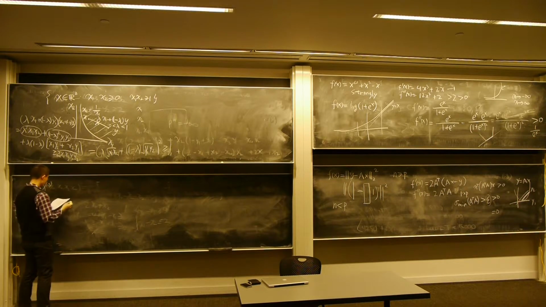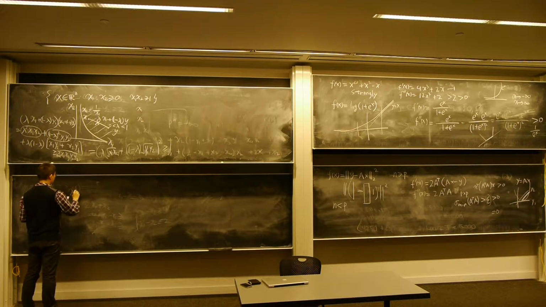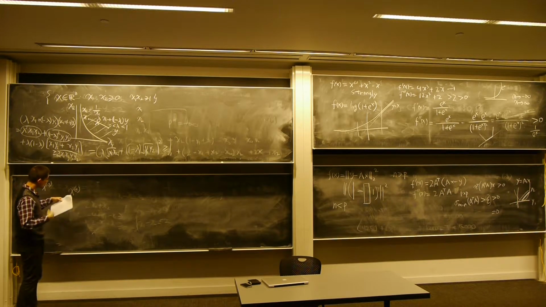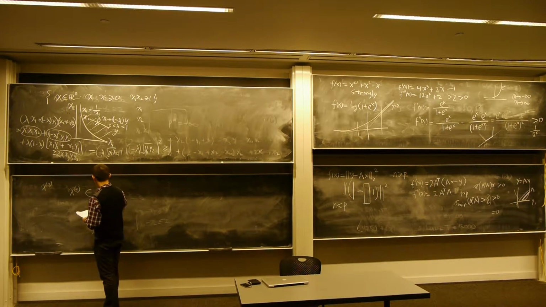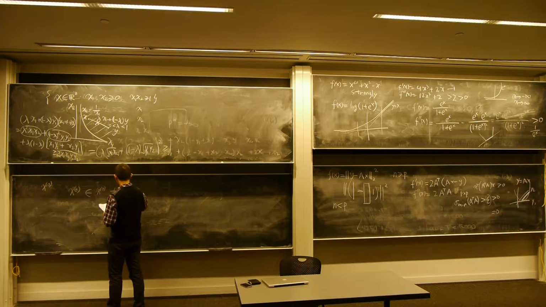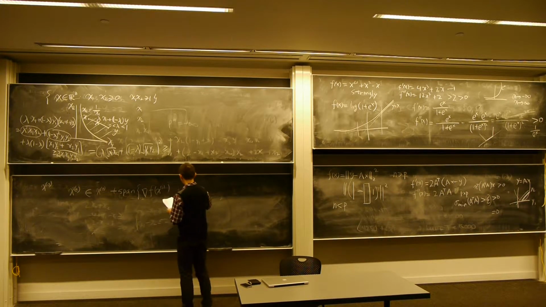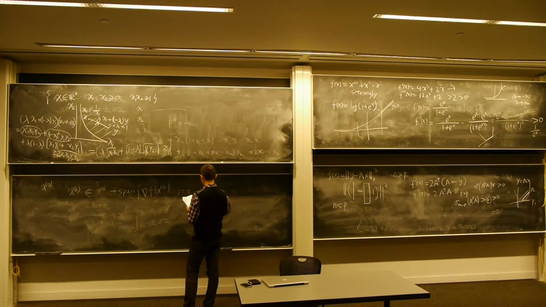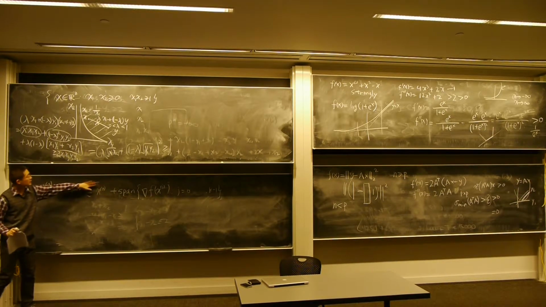At every step, a first order method is defined for any algorithm if it satisfies this constraint: xk at the k-th step has to be in the span of all previous gradients plus x0.